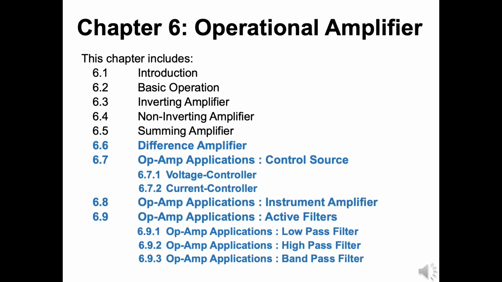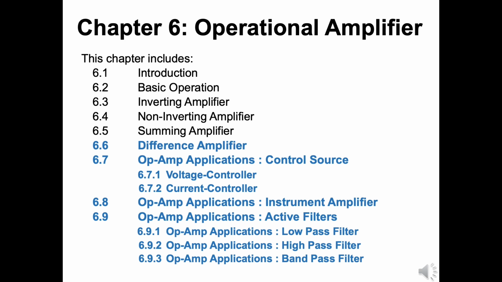As usual, I will start my slide by listing down the sub-chapters of Chapter 6. For this lecture session, there will be several sub-chapters to be covered. We will start our lecture with the difference amplifier.